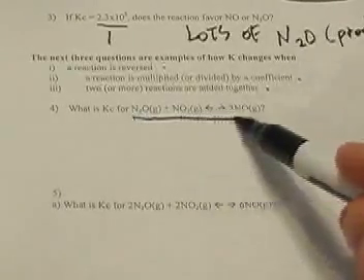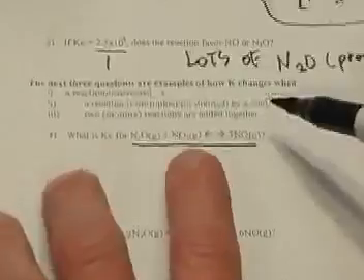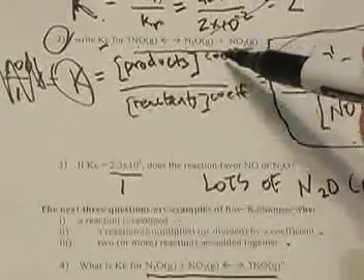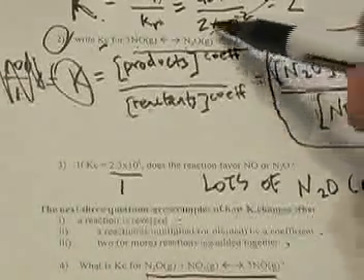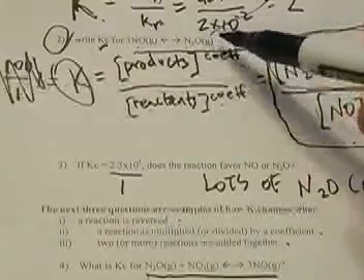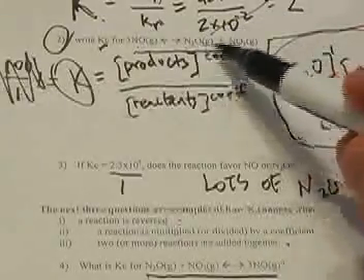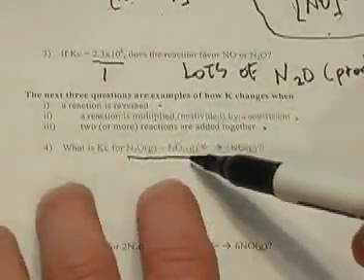Notice this reaction is simply the reverse of the reaction we had up here. It's this reaction written backwards. Notice the N2O and the NO2. Here's the N2O and the NO2.